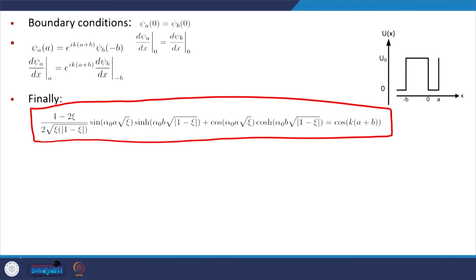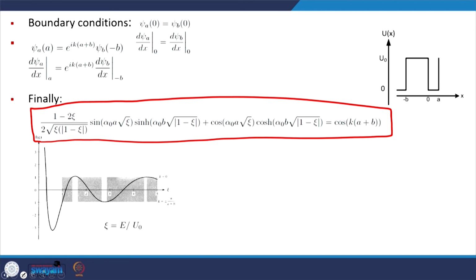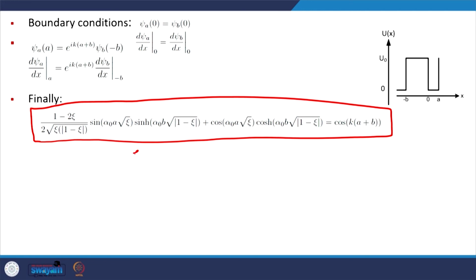On the left hand side, we have this parameter, which is essentially E by u naught. The left hand side is a function of E, as you can see, and the right hand side is a function of k. Apart from these 2 things, all other parameters are system parameters or constants.